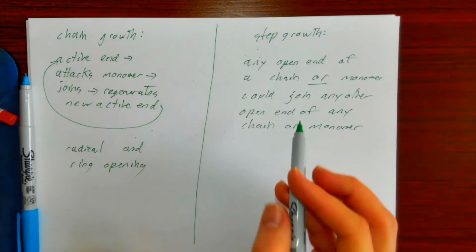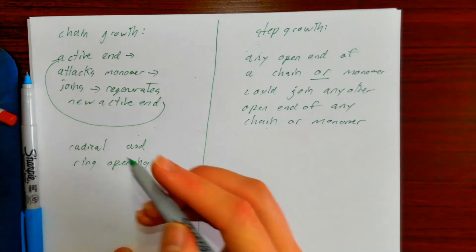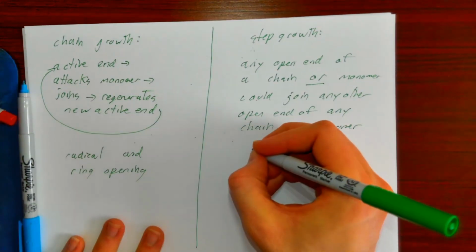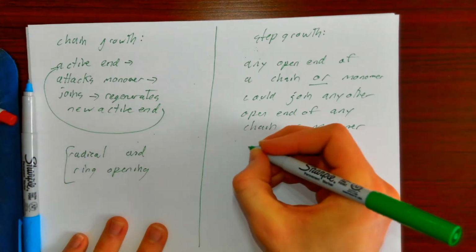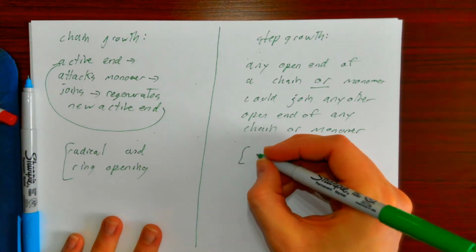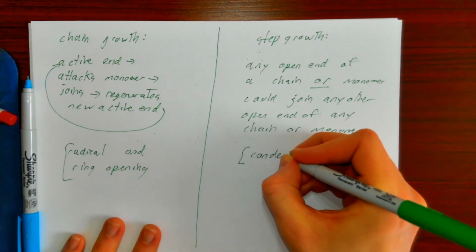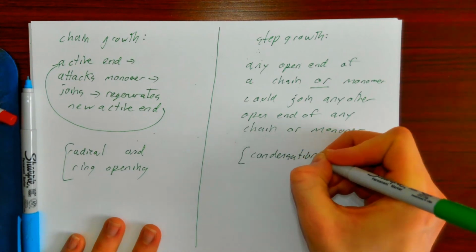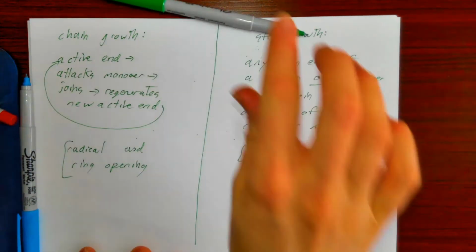And spoiler alert, radical and ring opening were chain growth. By process of elimination, you would conclude that condensation polymers grow via step growth.